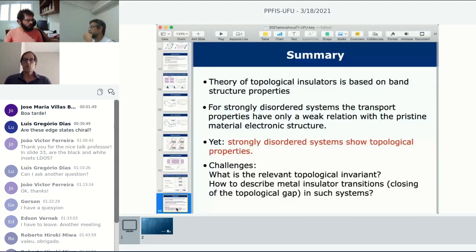In order to survive the amorphization, we really need a large topological gap of the order of a fraction of an electron volt. If you go, for instance, to these quantum wells, the original ones, these are too small. Few milli electron volts will do the job. And that's it.